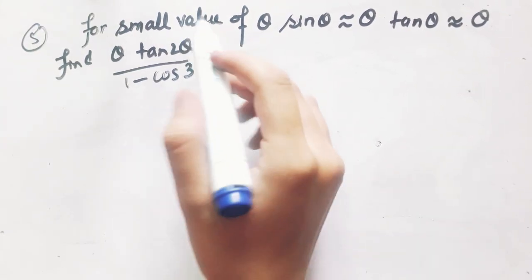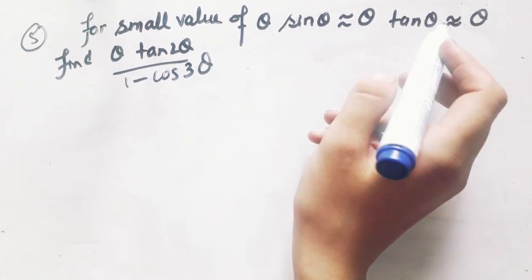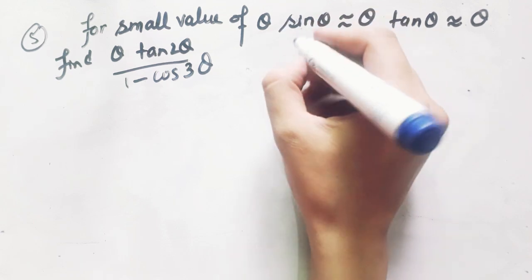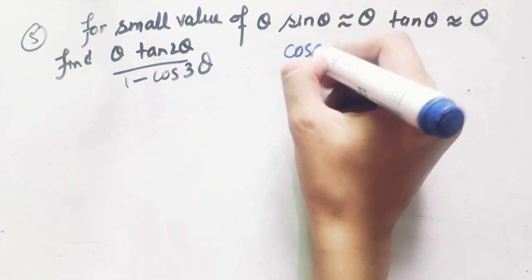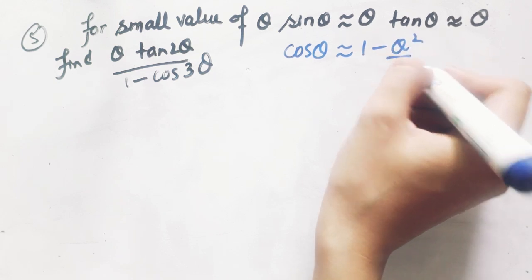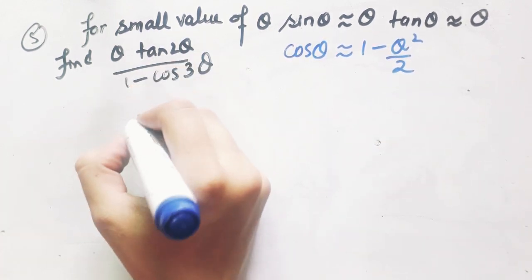Now the question is, for small value of theta such that sin theta approaches theta, tan theta also approaches theta, and cos theta approaches 1 minus theta square by 2. You have to find the value of this.